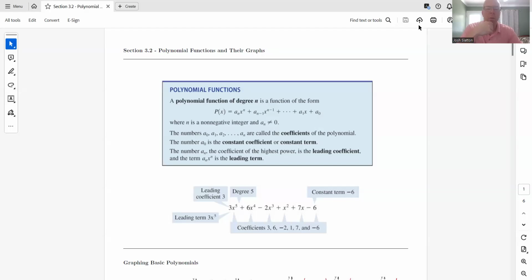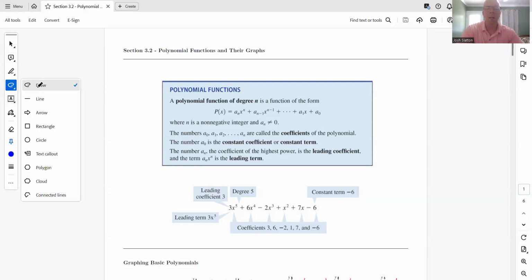A polynomial, which we looked at, I think, when we talked about quadratics, has this form here. The important thing to remember is all of the exponents are non-negative integers. So 1, 2, 3, 4, 5, and so on. And then this leading one is not 0.